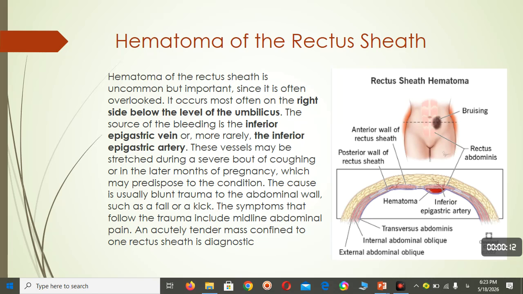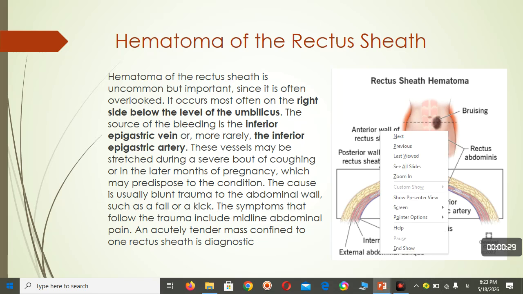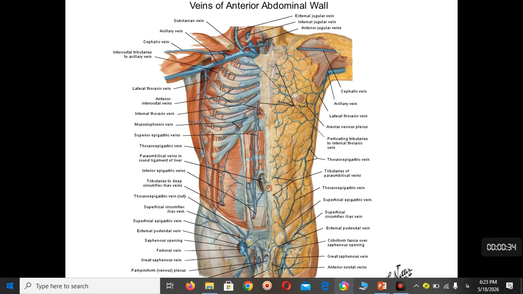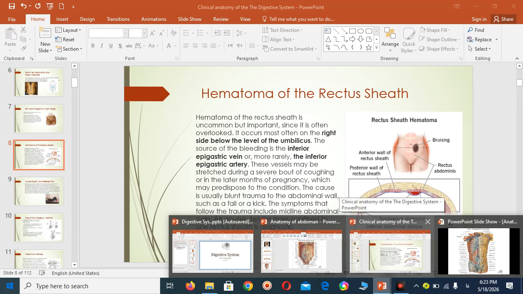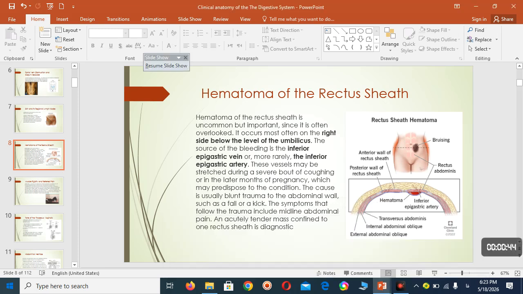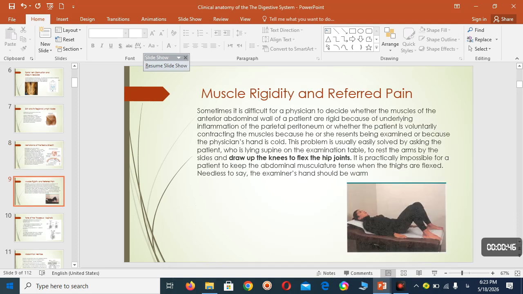I speak about the clinical notes in the anterior abdominal wall. You can see here, I speak about hemorrhage in the rectus. Now another shape you can see here.